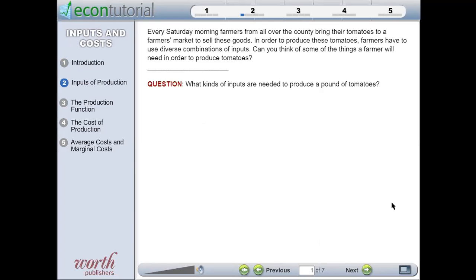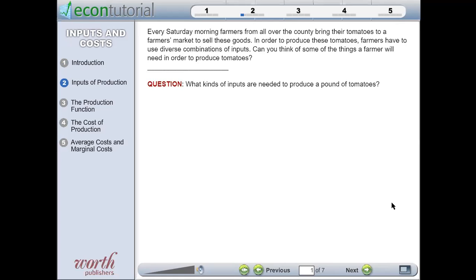So in order to produce these tomatoes, farmers have to use diverse combinations of input. For example, what kind of input would be needed, and what could be the variations that can be produced with the varying inputs that you use. When you go to the farmer's market and you want to purchase tomatoes, now you would like to purchase the product which is of the higher quality.